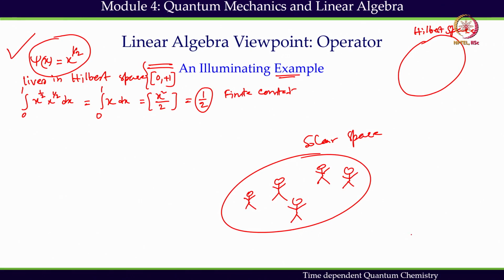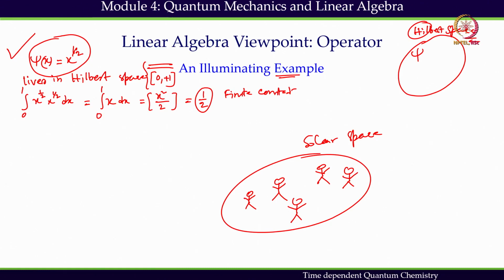Similarly, in this mathematical space, the Hilbert space, if a wave function is sitting here, then it will follow the properties of the Hilbert space, and we are actually using those properties in quantum mechanics. So, that is the connection between quantum mechanics and linear algebra.